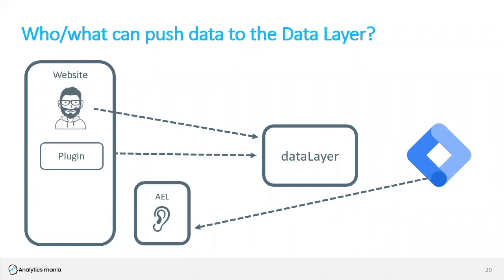For example, one of the examples could be a link click. So Google Tag Manager has a built-in functionality, a built-in listener that you can enable, and that listener will be looking for link clicks. And then anytime a link click appears, that link click's information will appear in the data layer. Another example might be, you could implement some custom auto event listener.